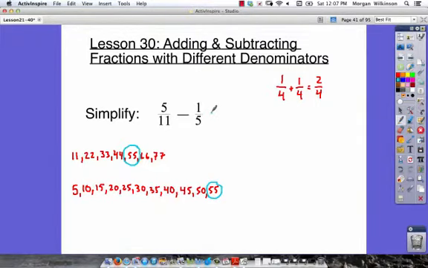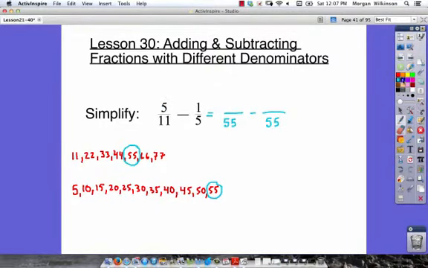So what we're going to do for this fraction, and I'm going to erase our original example, is rewrite these fractions, and they're both going to have denominators of 55. Now, if they both have denominators of 55 instead of 11 and 5, that means the numerators have to change as well in order for them to be equal fractions.